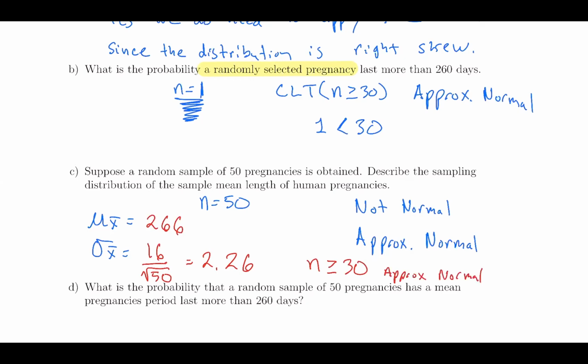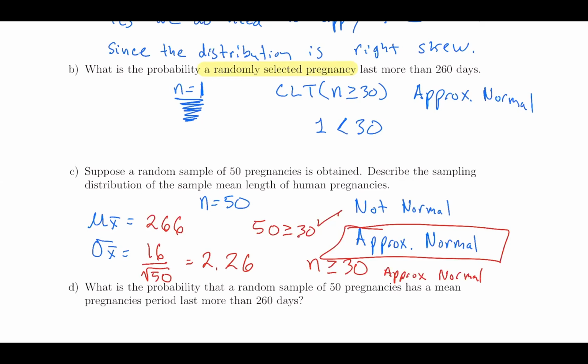Since 50 is in fact greater than or equal to 30, this passed. So that means we now have a data set that we can say is approximately normal because the sample size is big enough. All right. Any question in regard to C?